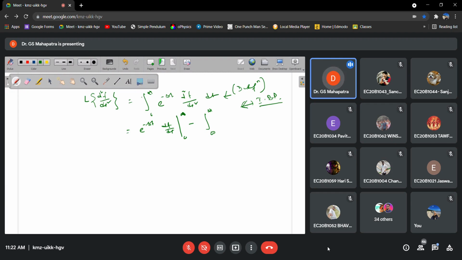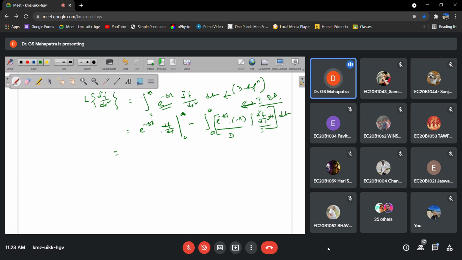So what we are getting is e to the power minus st times minus s, which is the derivative part, and then the integration part is the integral of d2f/dt2 with respect to t.